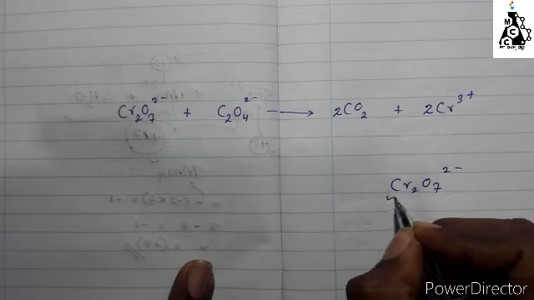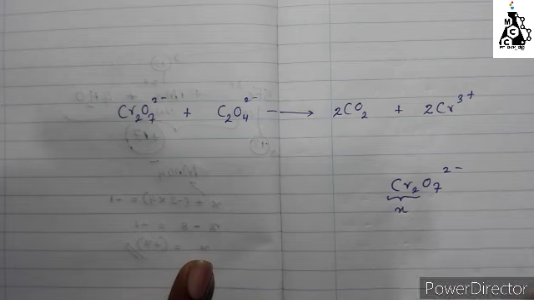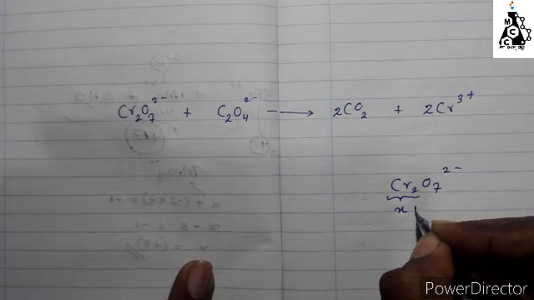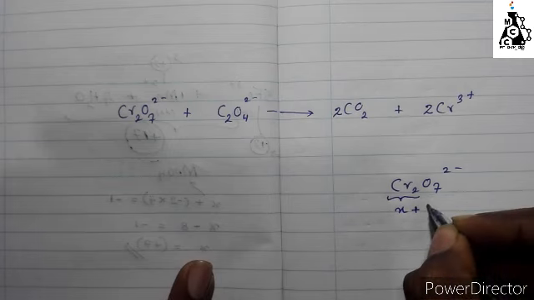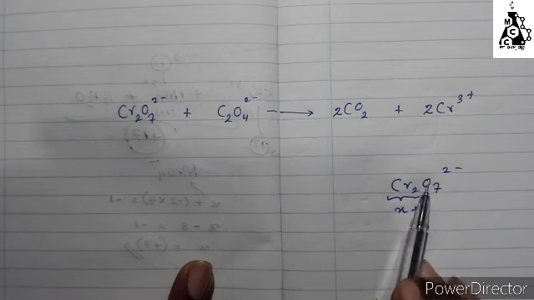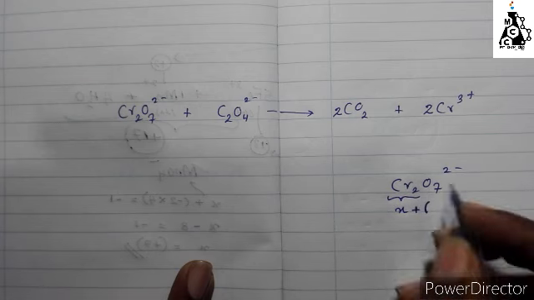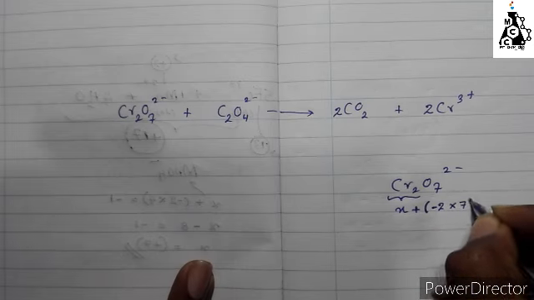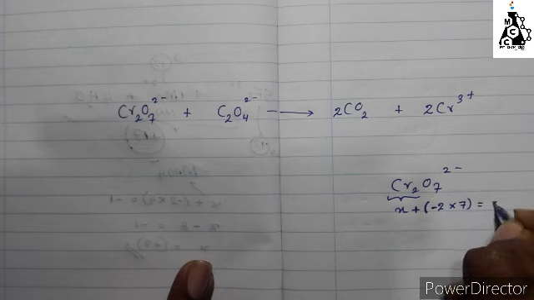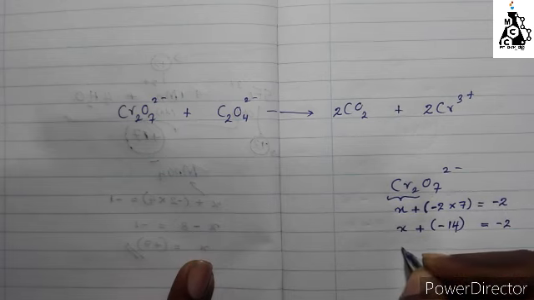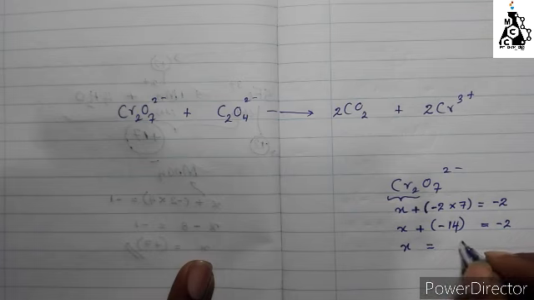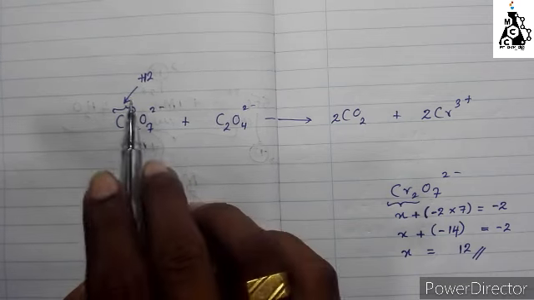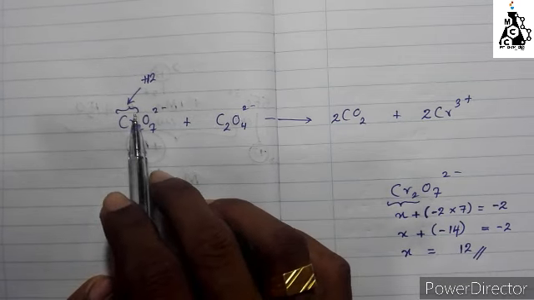That means you have to add X to both of these chromium, plus the oxidation number of oxygen atom, which is -2 multiplied by 7, equals -2. Now X equals 12. The oxidation number of both of these chromium atoms is +12.